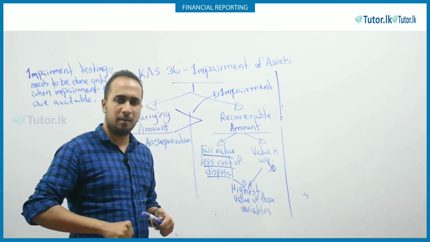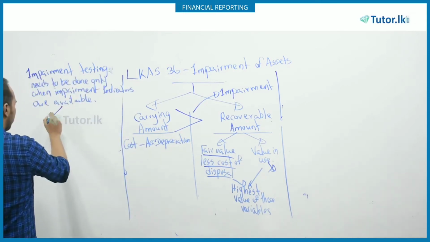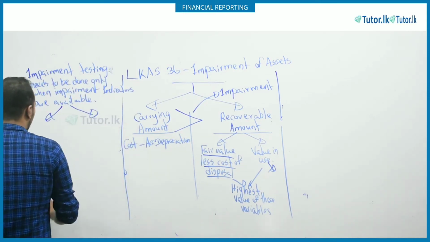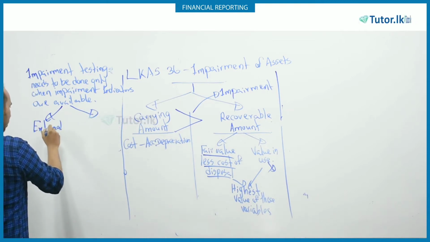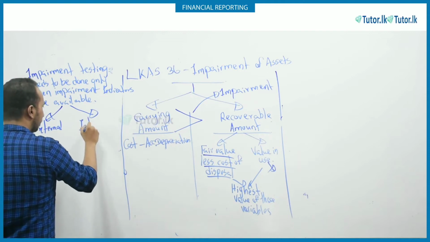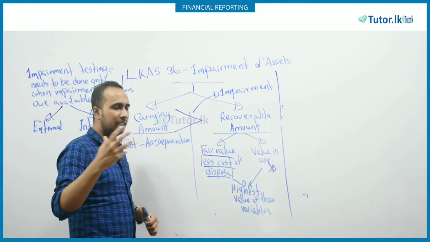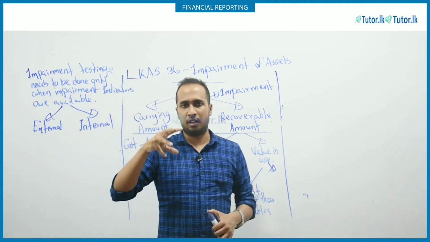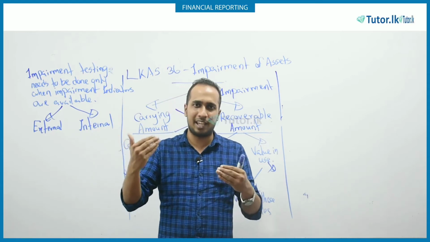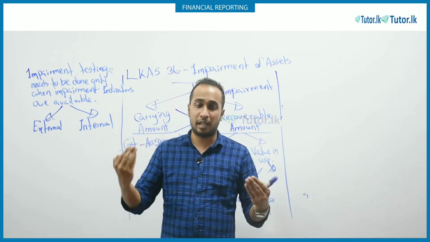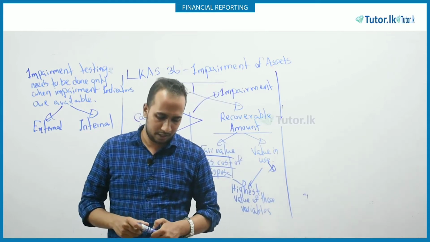The standard is very clear on this, and talks about two types of sources of information. One is external sources of information, the other one is internal sources of information. The information provided by both will reflect that there may be an impairment loss. So what are the external sources?